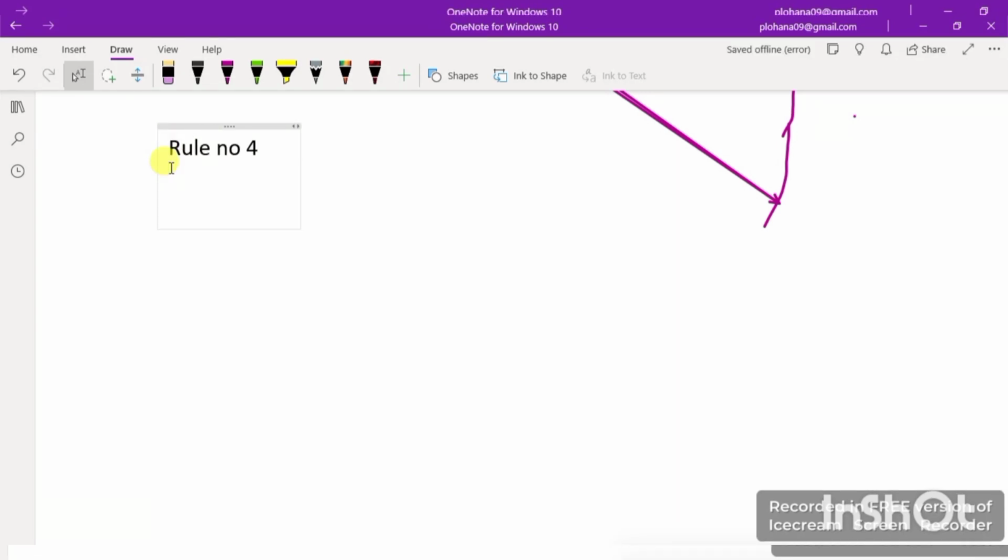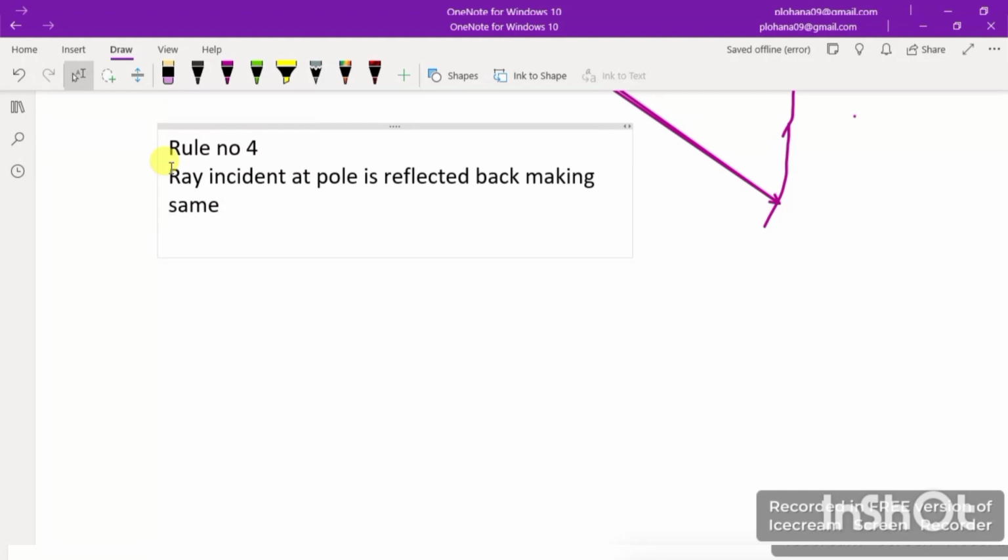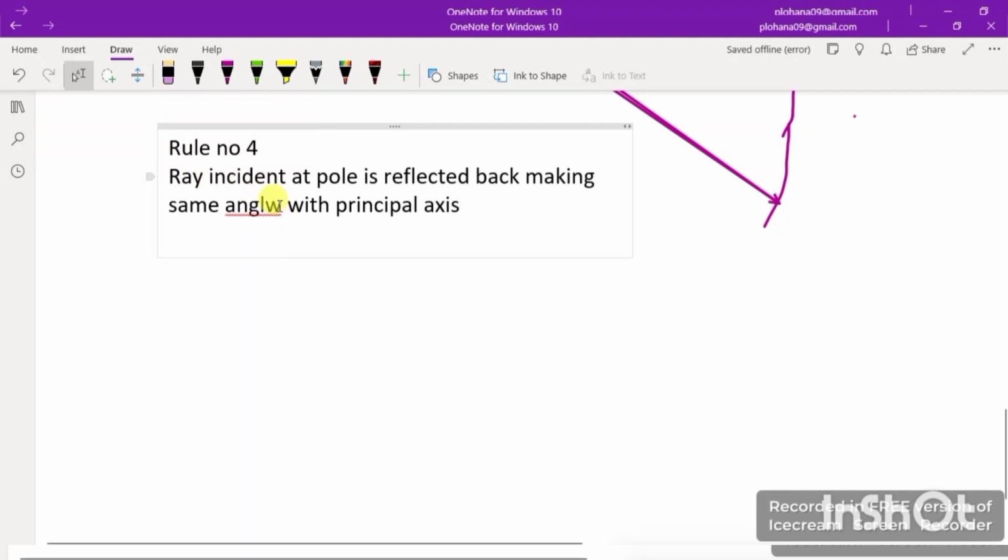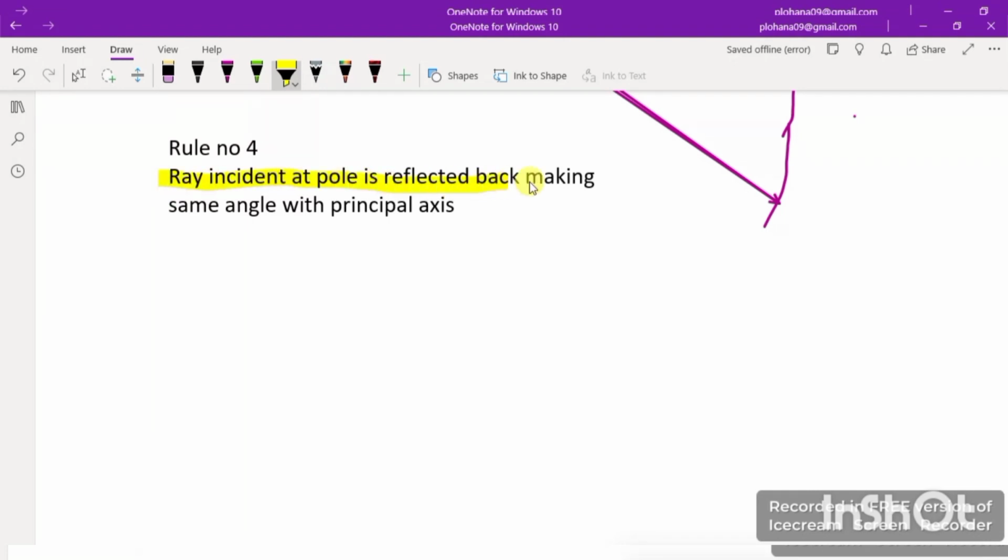So rule number 4 states that the ray incident at the pole is reflected back, making the same angle with the principal axis. Let me use the highlighter.